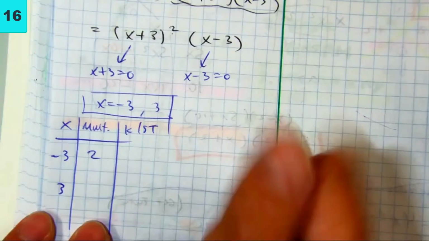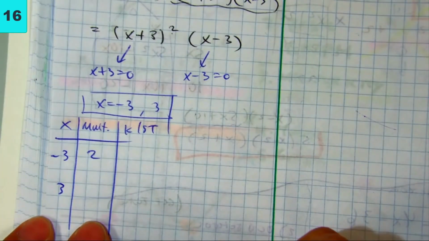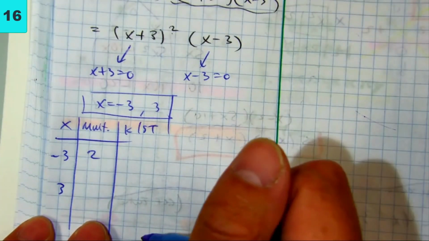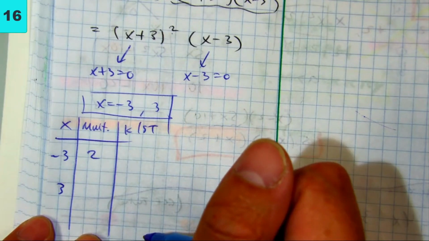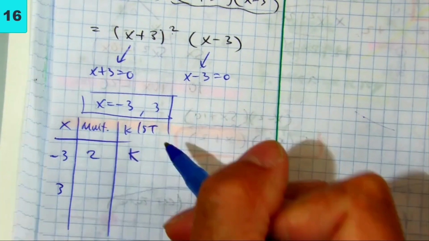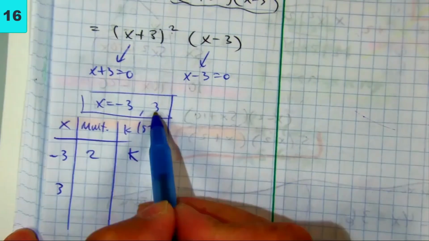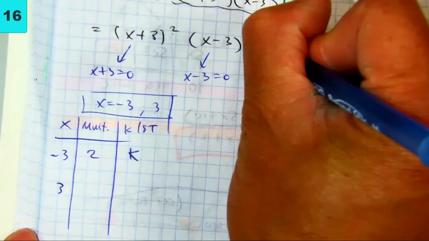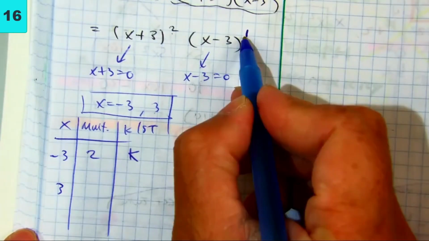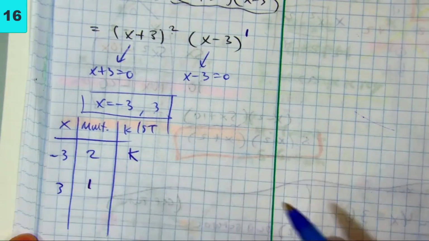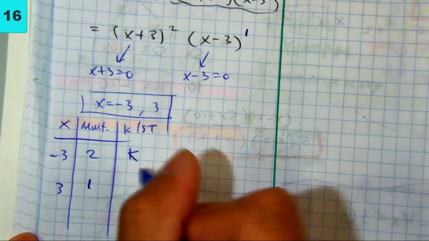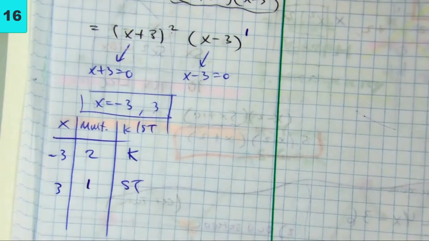So if it's an even number, then it's going to be a kiss. So the x equals 3 is the same thing as x minus 3, right? From there. That one has an exponent of 1, so its multiplicity is 1. That 1 there, is it odd or even? Well, it's an odd, so you're going to shoot through.